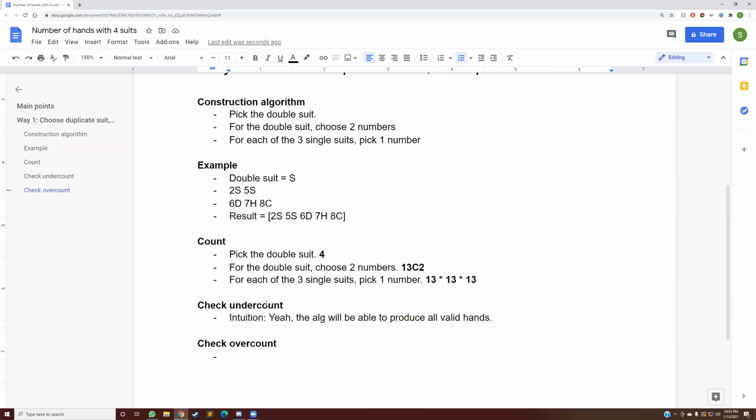Usually how I check for overcount is I would consider an explicit example, a valid hand, then prove that there is only one way to run the algorithm to produce it. So let's go through the example that we just did.